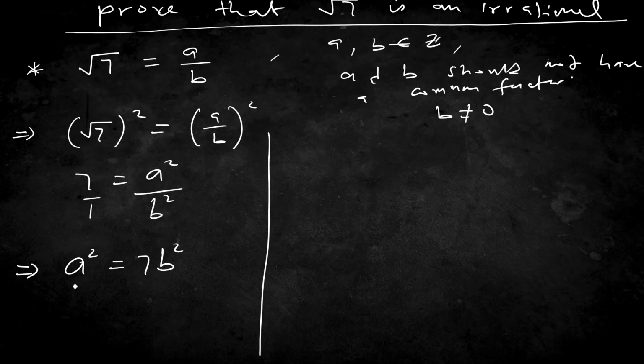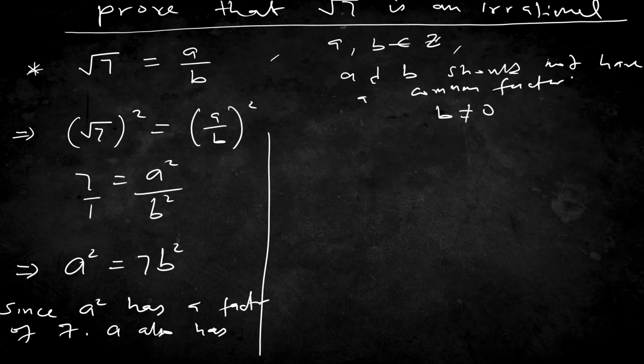So a squared has a factor of 7. Since a squared has a factor of 7, we conclude that a also has a factor of 7.